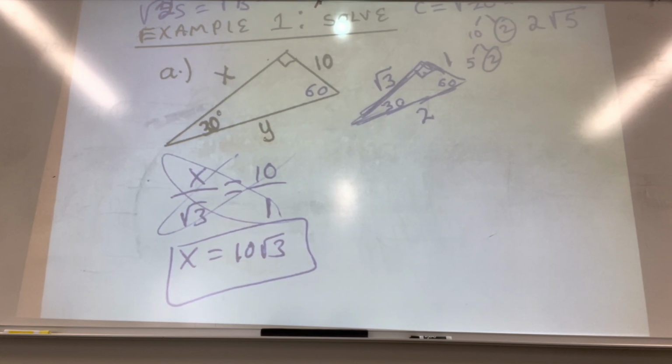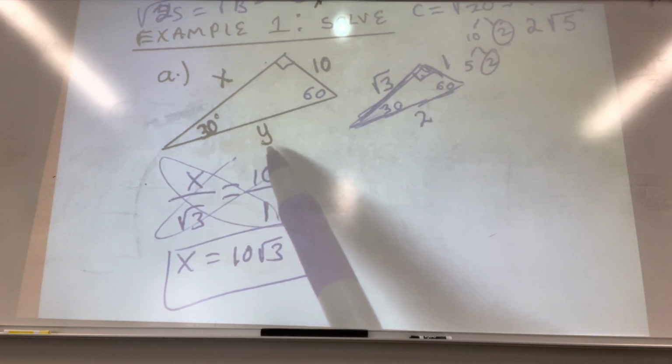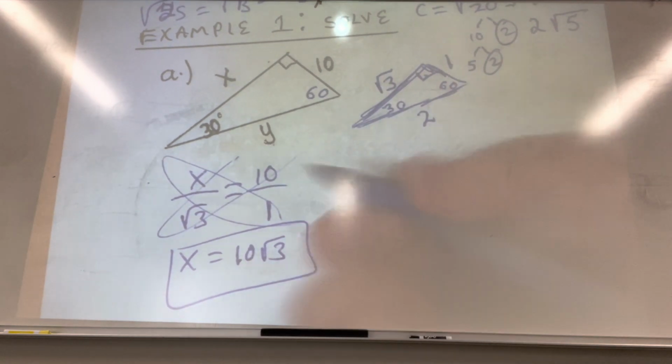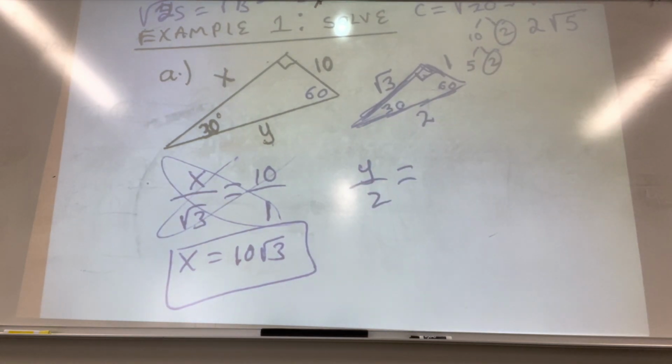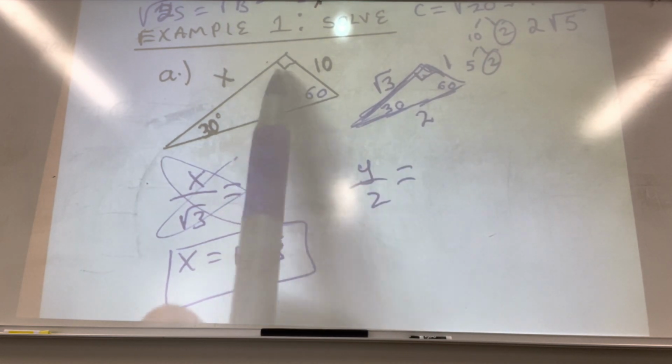Aaron, what about for y? It'll be y over what? 2. So I'm going to write that. Y over 2 is equal to? So I can come back, Aaron, to this one.